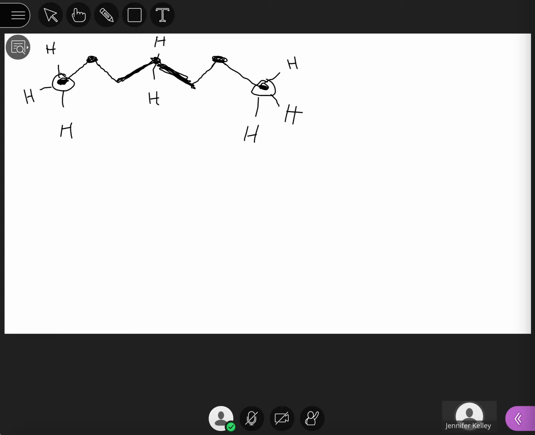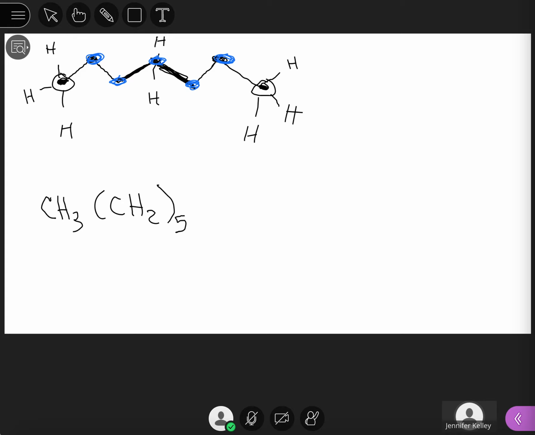So you can write the whole thing out, which would be CH3, CH2, CH2, CH2, CH2, CH2, CH3, or you can shortcut it by going CH3, CH2, and then count up how many of them there are. So there's 1, 2, 3, 4, 5 of those.